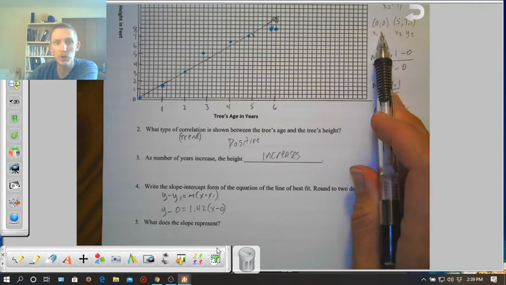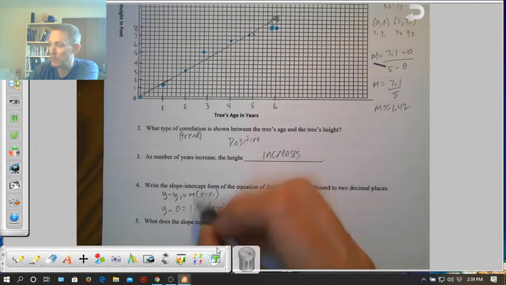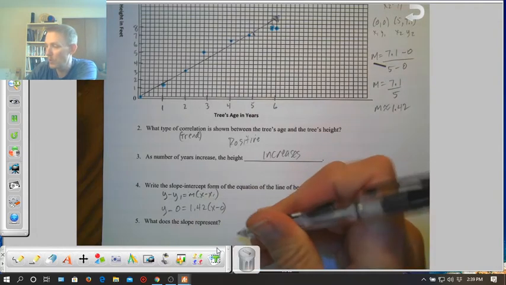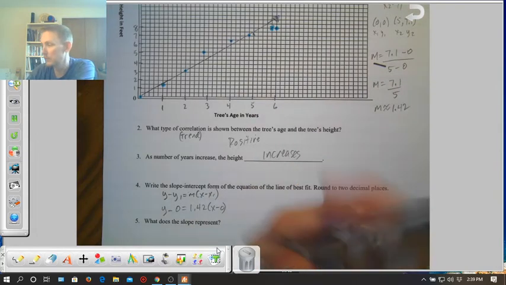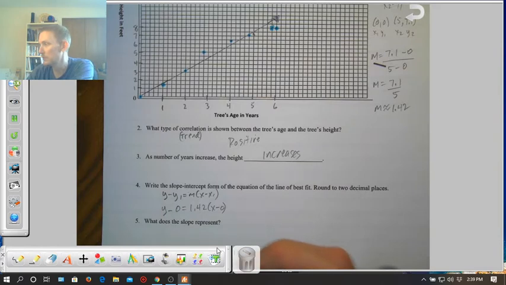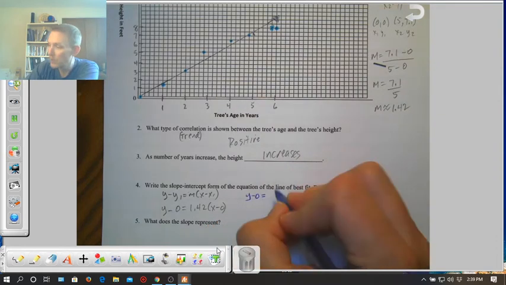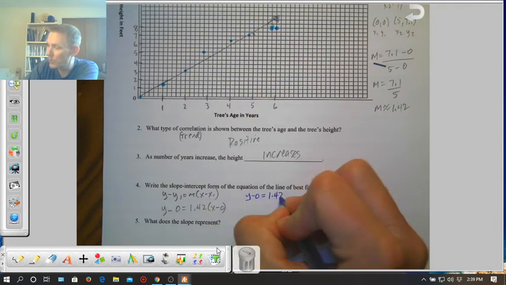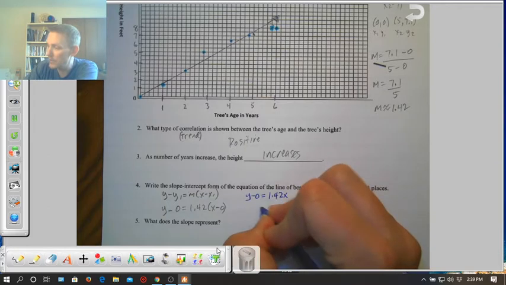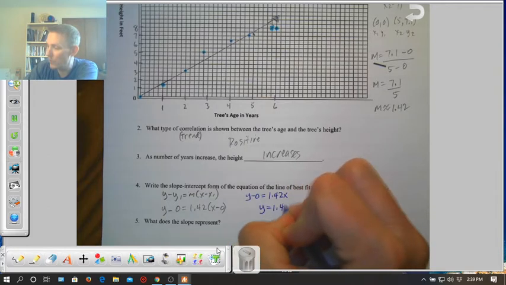I used 0, 0. Well, that works out great, because when I go ahead and distribute, I'm going to get y minus 0 equals 1.42x. And then I'll add the 0, and I simply get 1.42x.